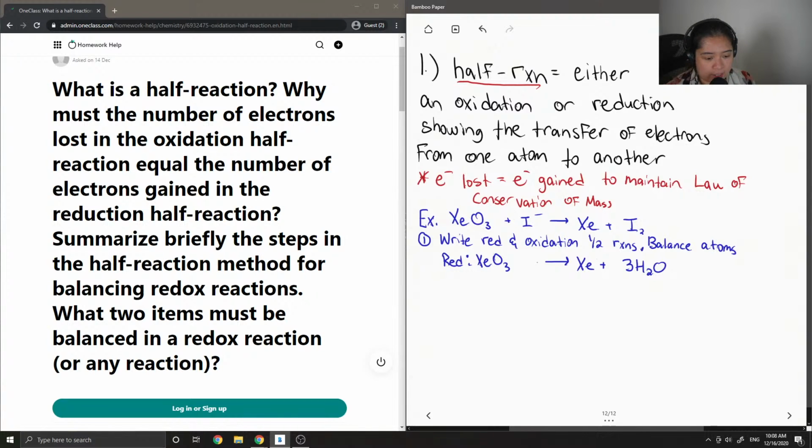So I'm going to balance out the hydrogens by adding 6 H plus to my reactant side. Now all the atoms should be balanced. And I can write down my oxidation reaction, which is the negatively charged iodide to I2. All we need to balance here is a coefficient of 2 to make everything balanced.